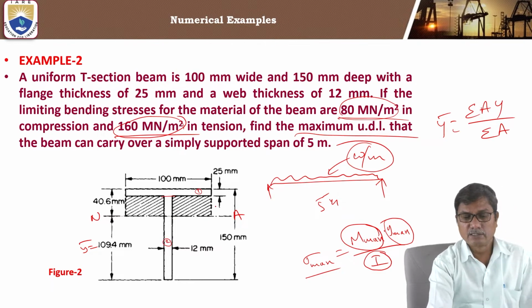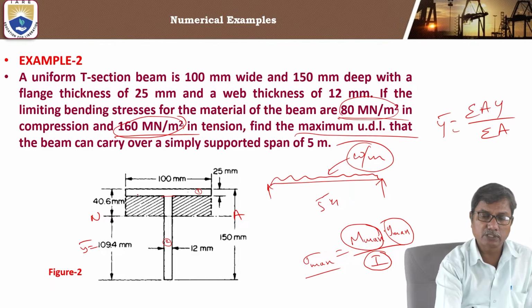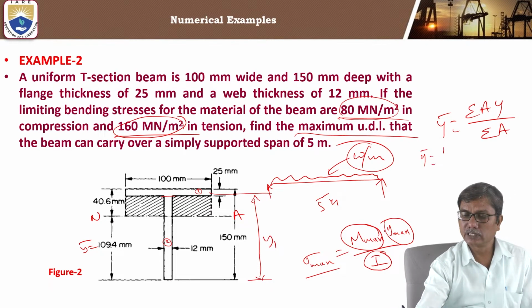A1 is the area of flange, y1 is the distance of the centroid of the flange from the bottom. So y bar is a1 y1 plus a2 y2 by a1 plus a2.